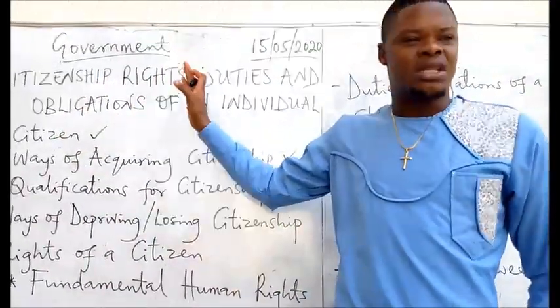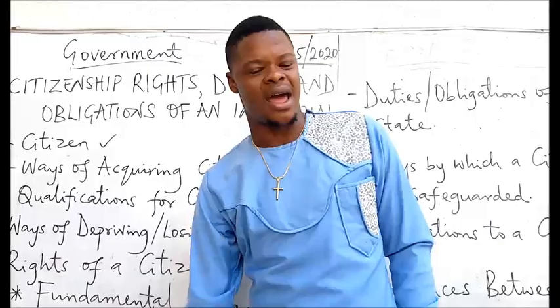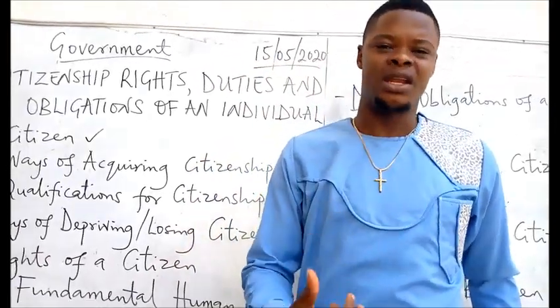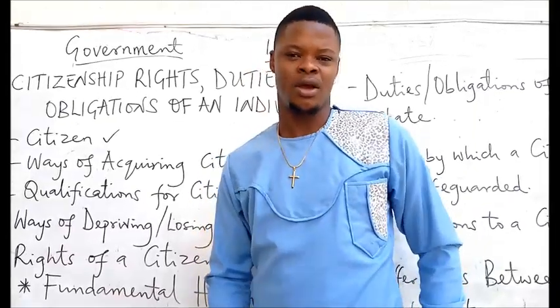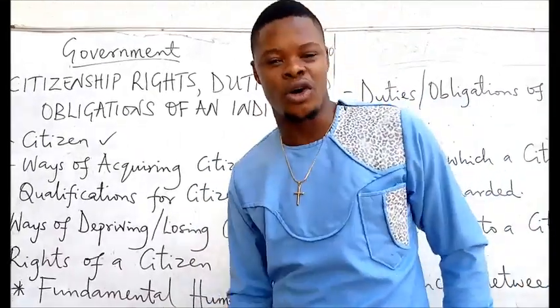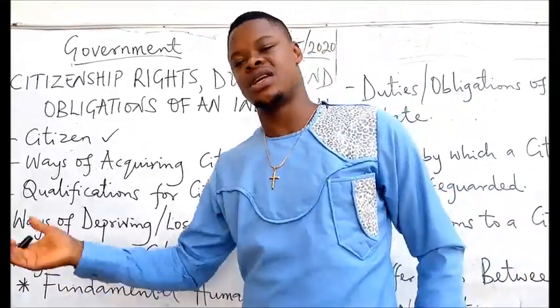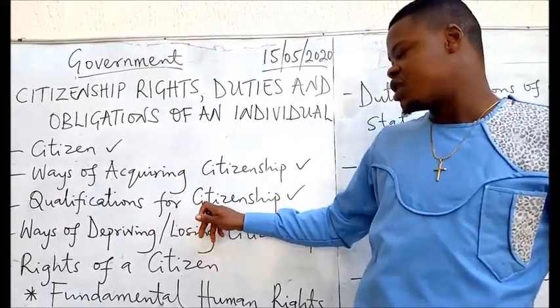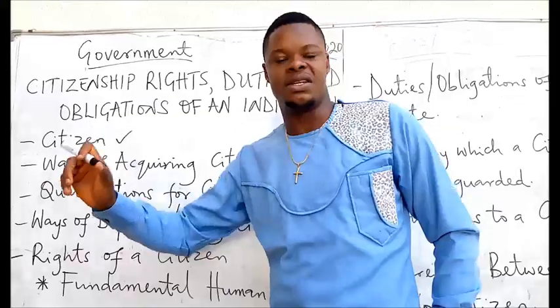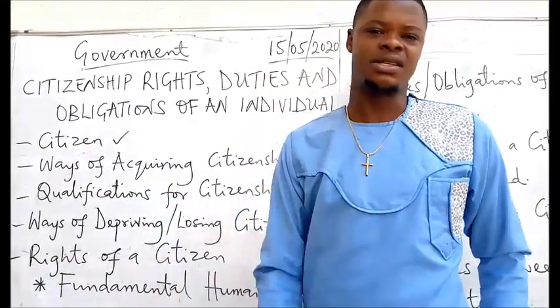Another qualification for citizenship is what? Good character. Any person being adopted as a citizen of a country must be of good character, must have no criminal record, must respect the government, and so on and so forth. Then another qualification for citizenship is residence.